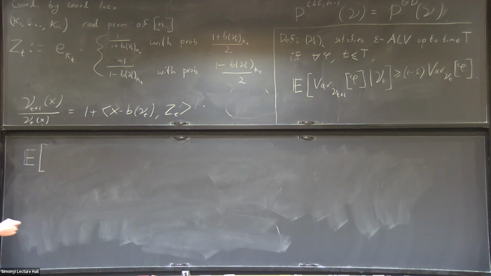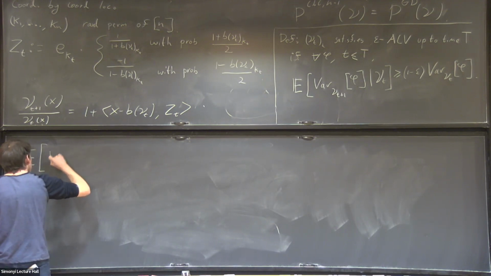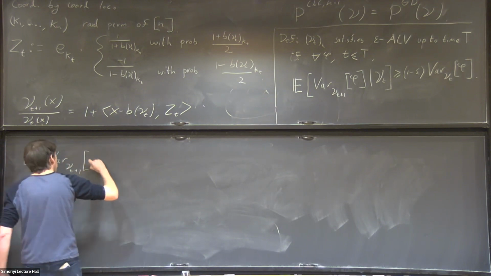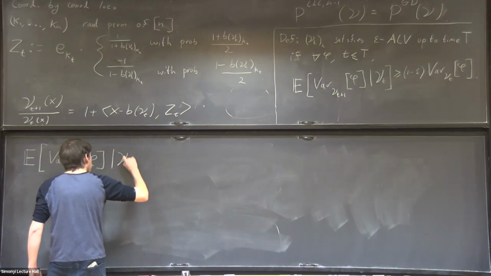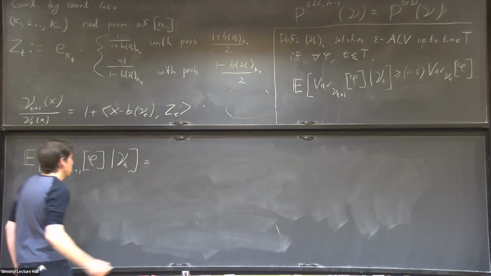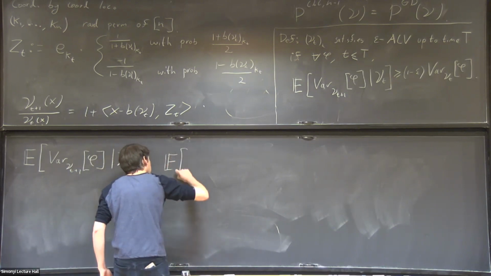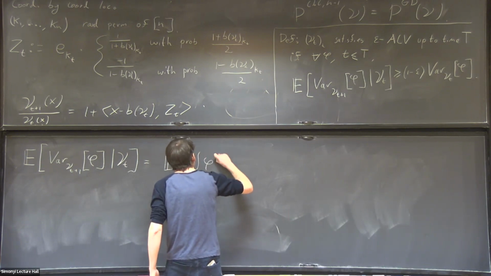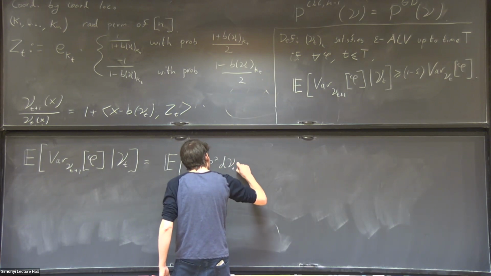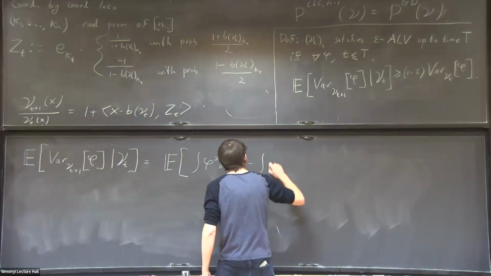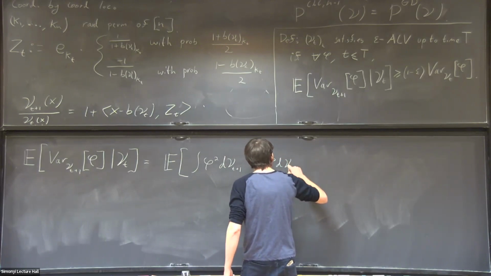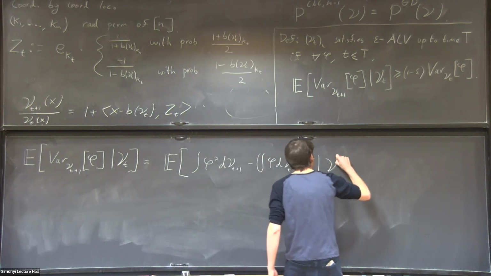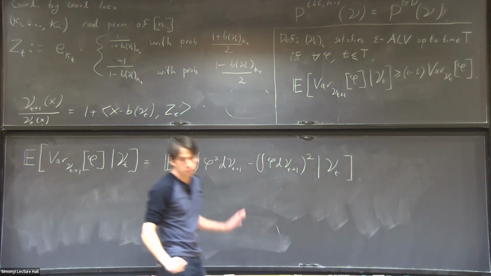We fix some test function and try to understand what the expectation is of the variance with respect to nu t plus 1 of the test function given nu t. Let me just write the definition of the variance: integral phi squared d nu t plus 1 minus integral of phi d nu t plus 1, squared, conditioned on nu t. Just wrote the definition.